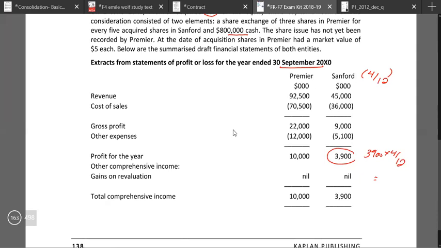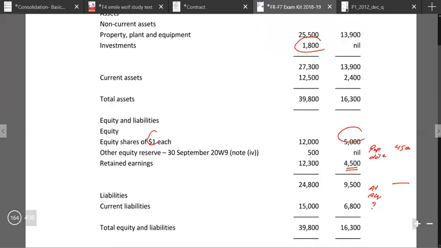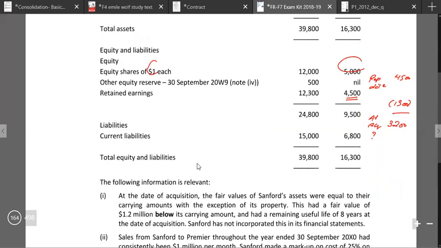It gives you 1,300. Now we'll go there, 4,500 minus 1,300, because we have to go 4 months back, and 4,500 minus 1,300 gives you 3,200. So the retained earnings at acquisition will be 3,200. This is the point you need to know. We have calculated it. Okay, so 3,200.